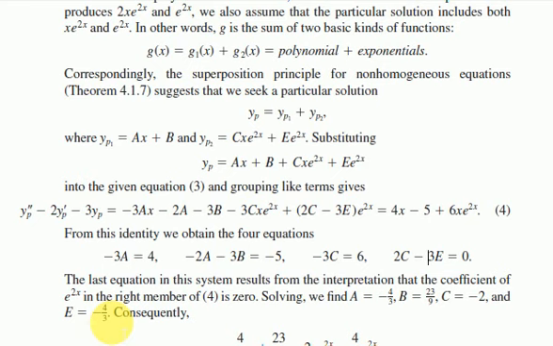Now what we will do? Put all these values in this equation, because we have to find yp. So yp is equal to the a value, b value, c value and e value. Put these values.